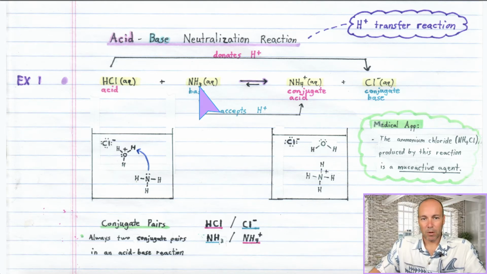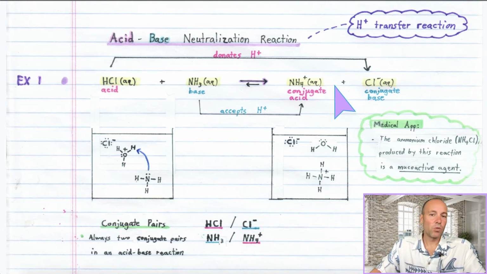You can see from the chemical formulas in the equation that a proton has been transferred, and that HCl is donating the proton, and after donating it, it turns into Cl-, so this is called the conjugate base of HCl, and ammonia is accepting that proton from the acid, and after accepting it, it turns into NH4+, and this is called the conjugate acid of that base. So the proton has been transferred from the acid over to the base, and those are the products.